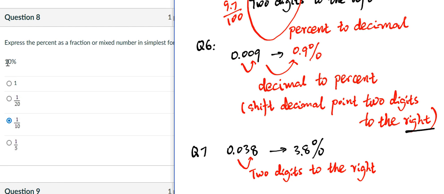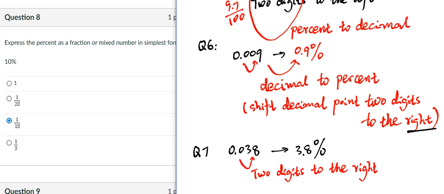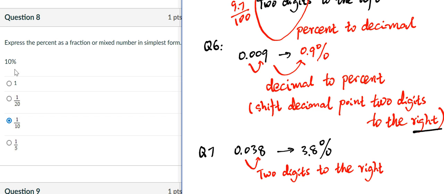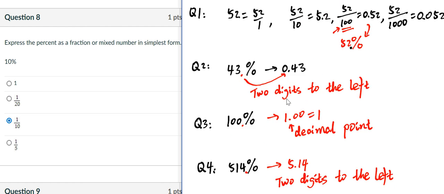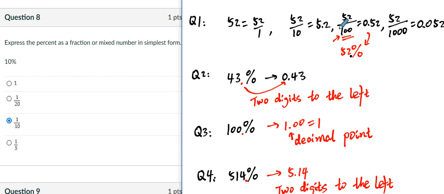Now, here is different. Here you want to express the percent as a fraction, no more decimal. Again, recall how the percent was introduced. The percent was introduced when the denominator is 100.